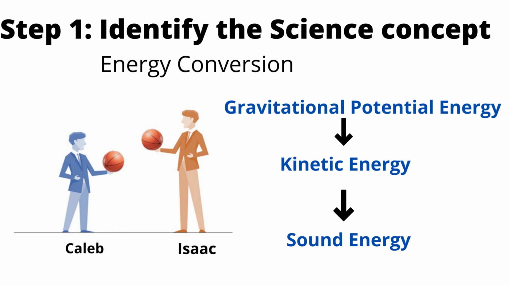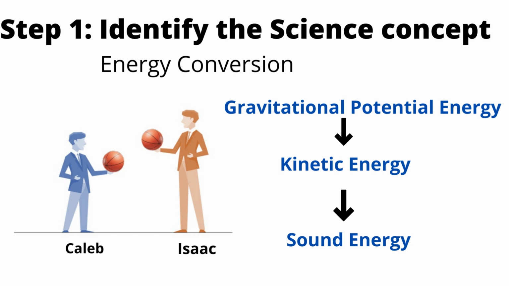But in this case, we can see from the diagram that they were holding the balls at a certain height above the ground. So what form of potential energy will that be? If we could recall, potential energy has different forms.